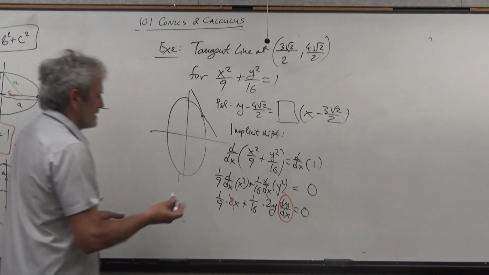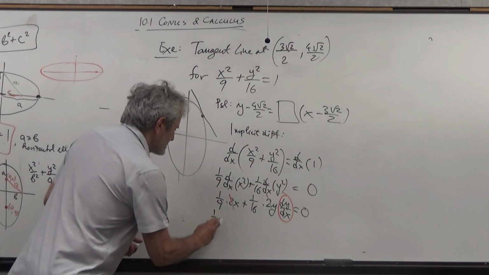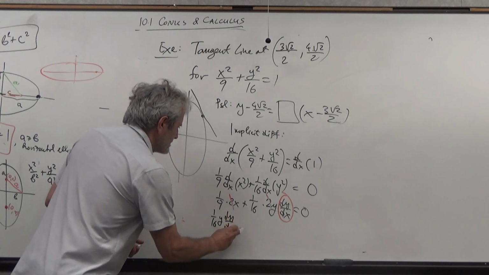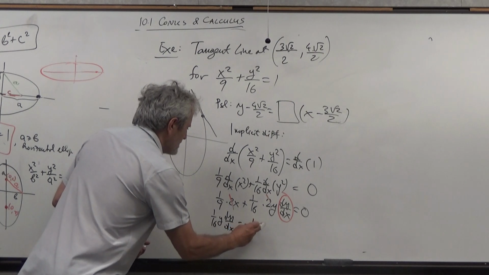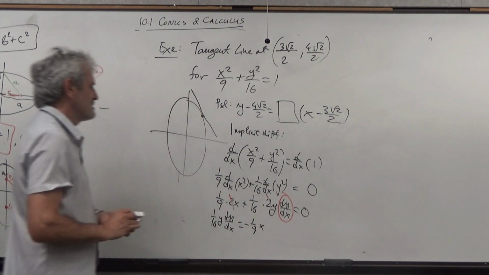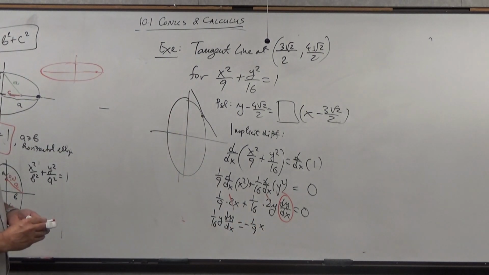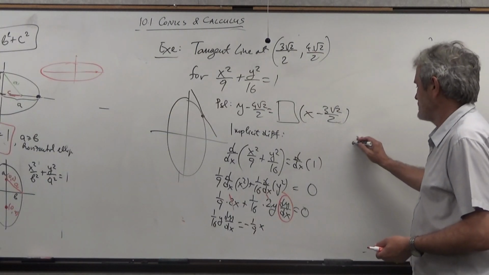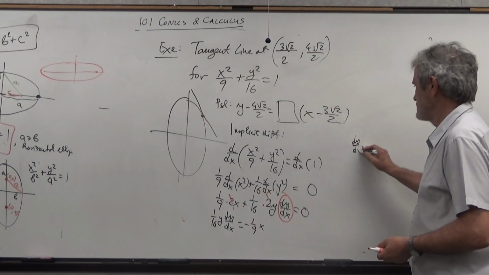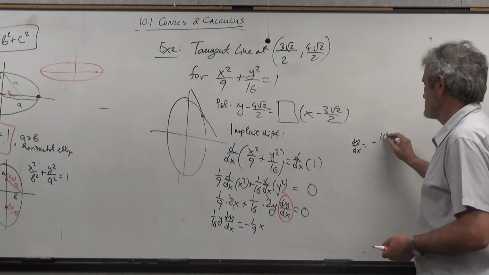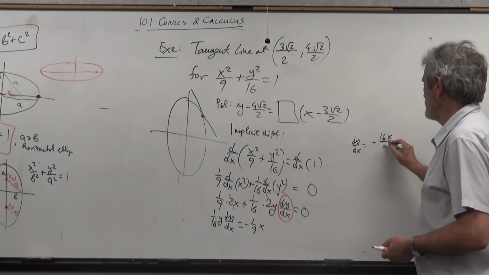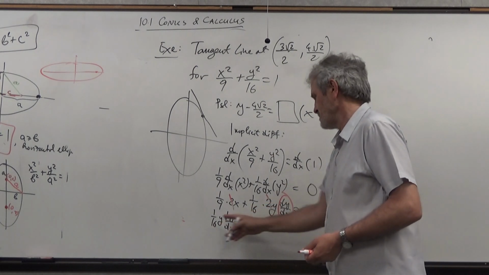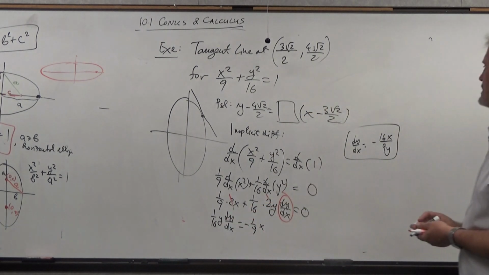So I'll get the following: 1/8 x plus 1/16... y dy over dx equals minus 1/9 x. So what will that give me? I'll get dy over dx is minus 16x over 9y. 16 went up, y went down, and that's it.